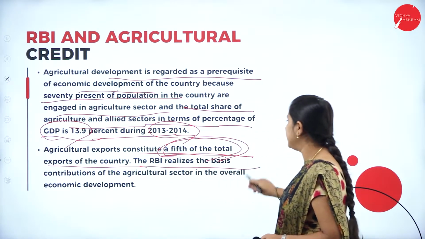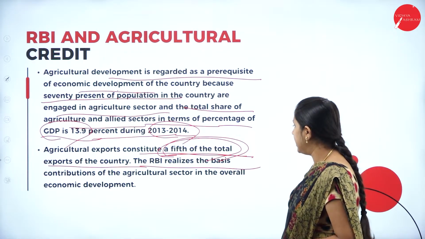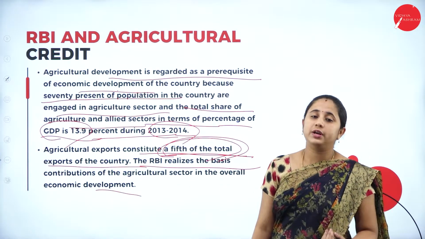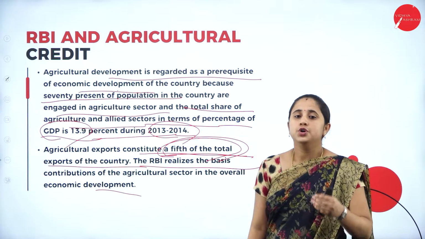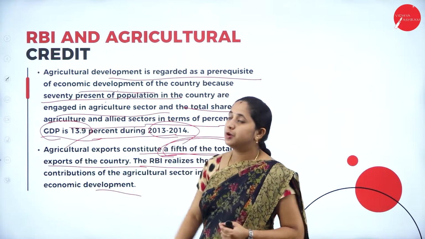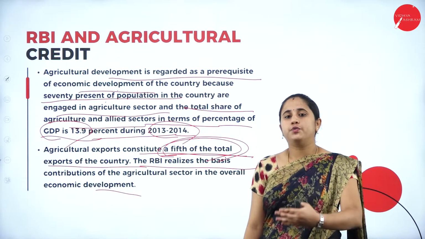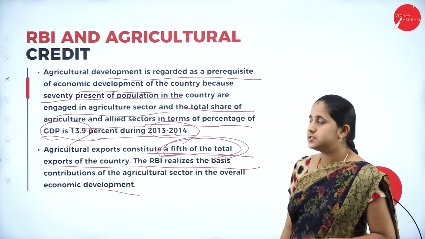The RBI realized the basic contribution of the agricultural sector in overall economic development. Because 70% of the population is engaged in agricultural activity, it contributes more to economic development, so we need to give importance to the agricultural sector.